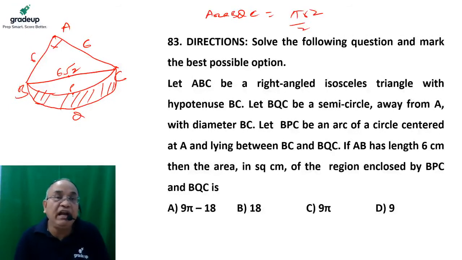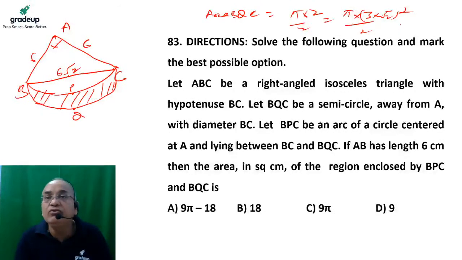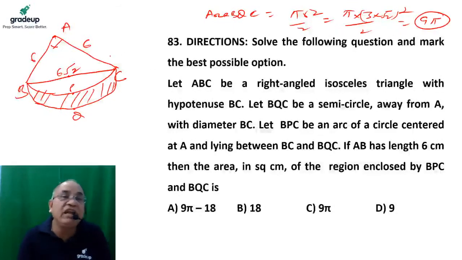So the radius of the circle would become 3 root 2, which gives pi into 3 root 2 whole square by 2. That is 9 2s are 18 by 2 is 9 pi. So 9 pi is the area of the semicircle BQC, this one. Please, I am putting the marker over it.